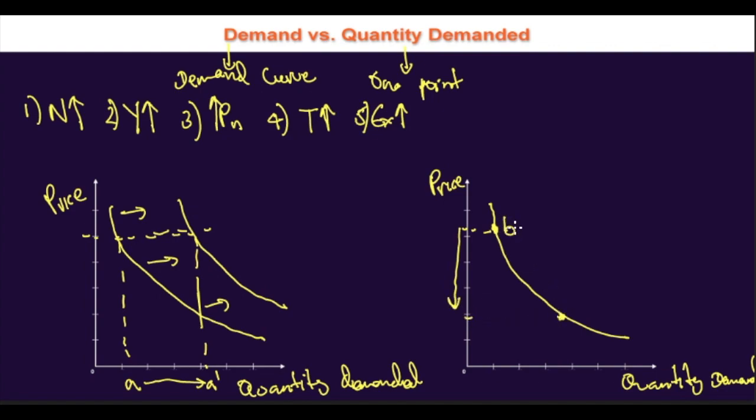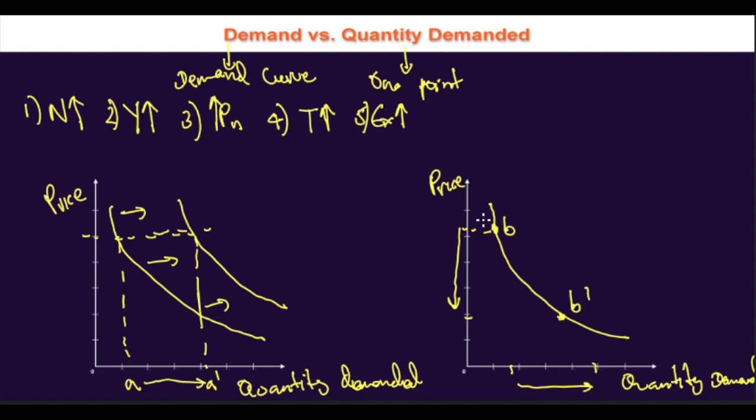So if this is B, it becomes B dash. Now the quantity demanded has increased, as you can see, but it moves along the line, and there is no shift of the demand curve. So these are two very important concepts to understand.